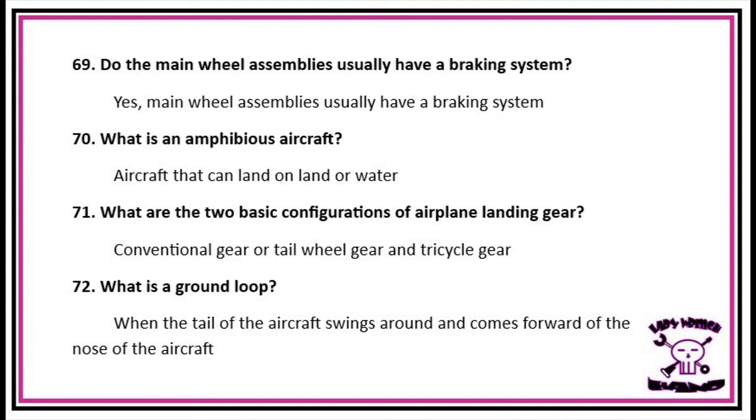70. What is an amphibious aircraft? It's an aircraft that can land on land or water. 71. What are the two basic configurations of airplane landing gear?